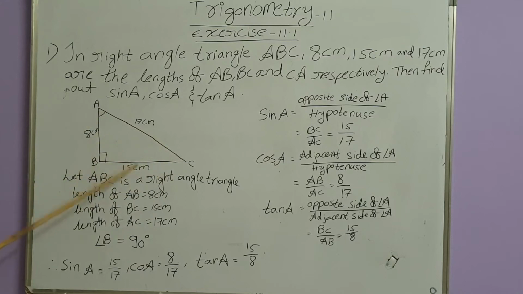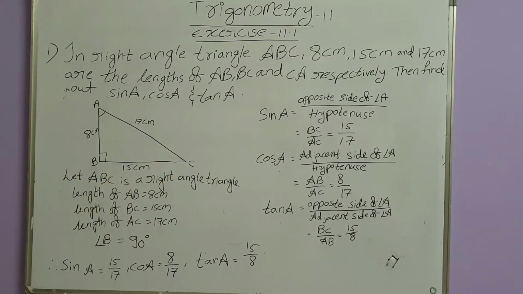Hypotenuse is AC. So cos A is equal to adjacent side AB by hypotenuse AC, which is 8 centimeters by 17 centimeters.